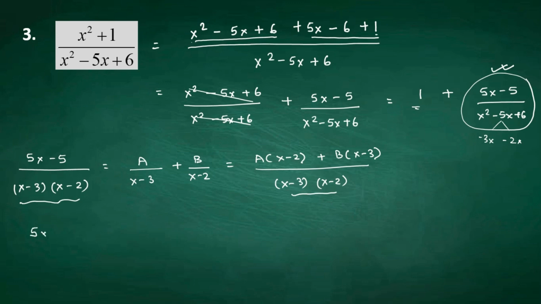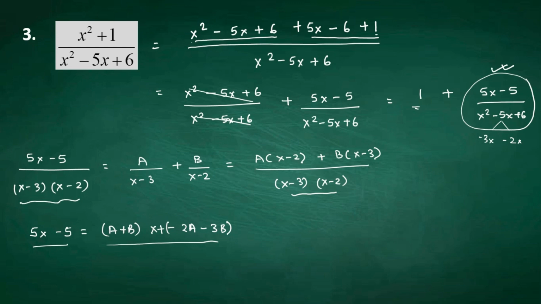So you write 5x minus 5, and if I multiply and keep the pairs of x and constant term, you get a plus b times x plus, in brackets we will write minus 2a minus 3b. So the constant term is minus 2a minus 3b, and this is equal to this.